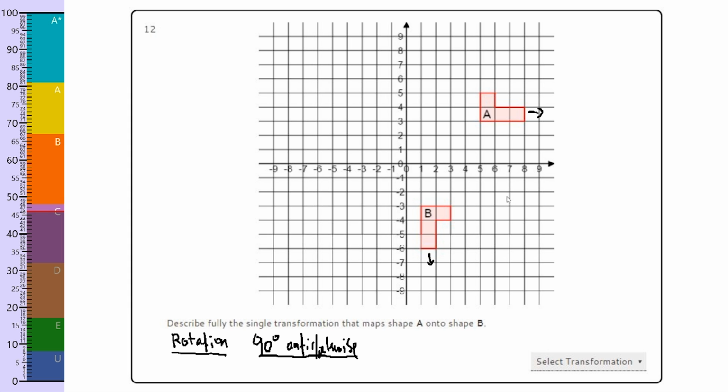Okay. The last mark, as I said, is for the centre of rotation. Now, the best way of doing this is with some tracing paper. I don't have tracing paper, so the way I do it is normally it's going to be roughly over here somewhere. It's normally going to be either the origin or quite near the origin. In fact, a lot of times they just pick the origin.